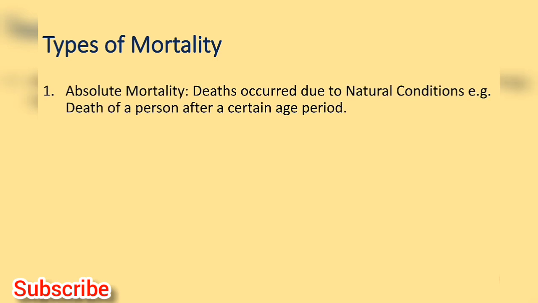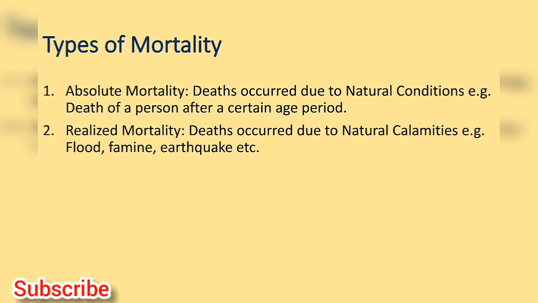Now what are the different types of mortality? When we are clear about the mortality concept, the point comes: what are the different types of mortality? There are basically two types of mortality. One is absolute mortality. What is the meaning of that? When deaths occur due to natural conditions, it is called absolute mortality. For example, the death of a person after a certain age period is called absolute mortality. The second one is realized mortality.